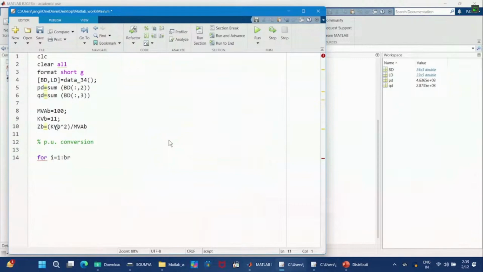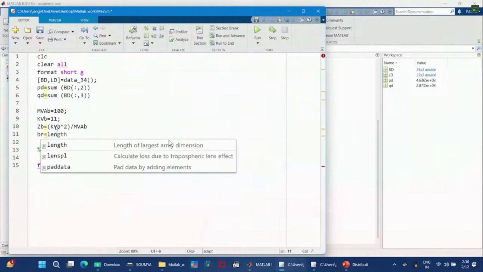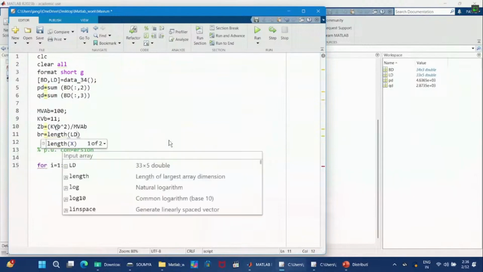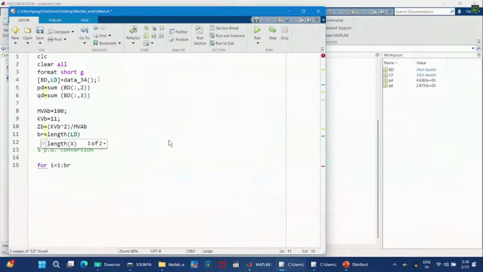So before writing it, as it is MATLAB, it does not know what BR is. So we have to define BR equal to length of line data, LD. Now in line 4 we call this data file data34, and from there we obtained bus data and line data.